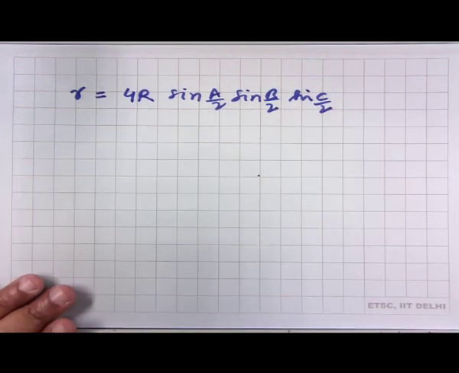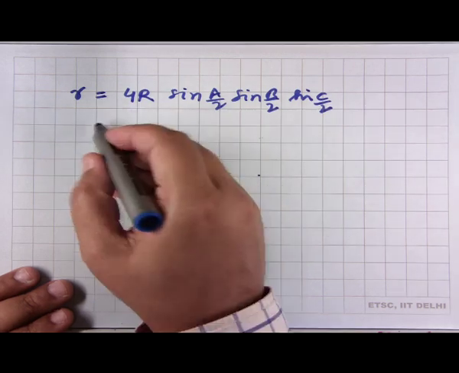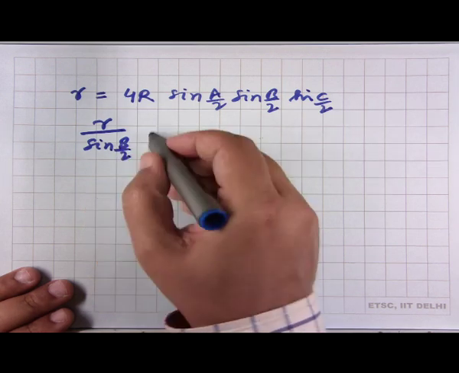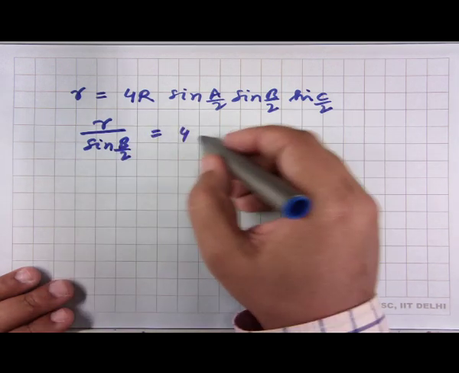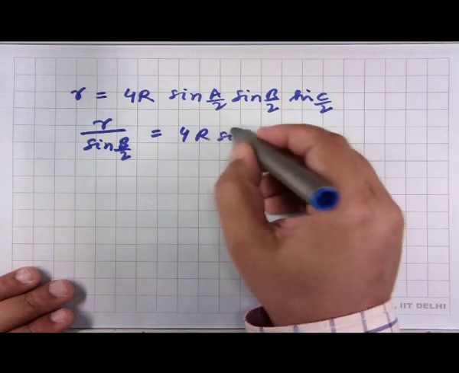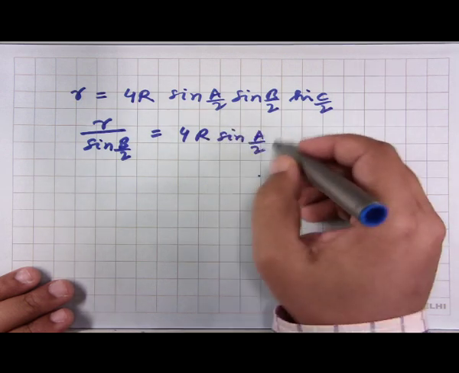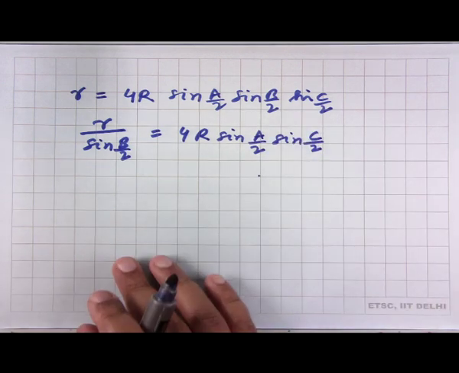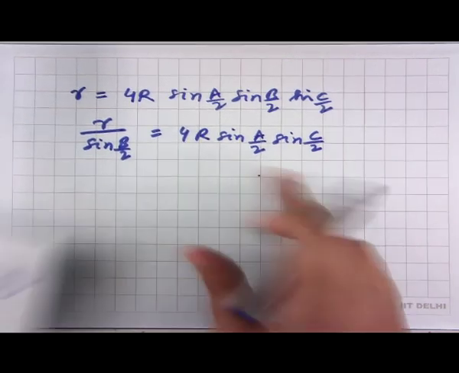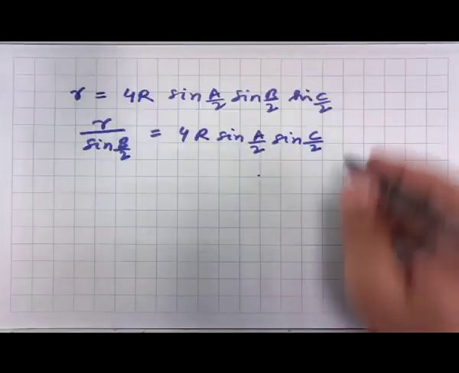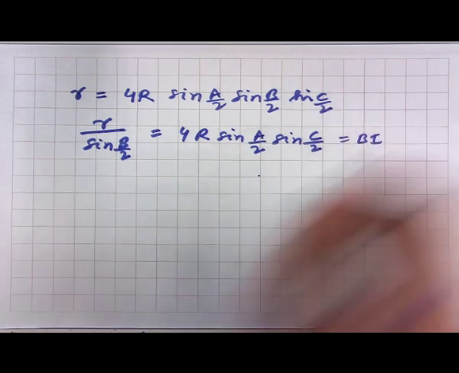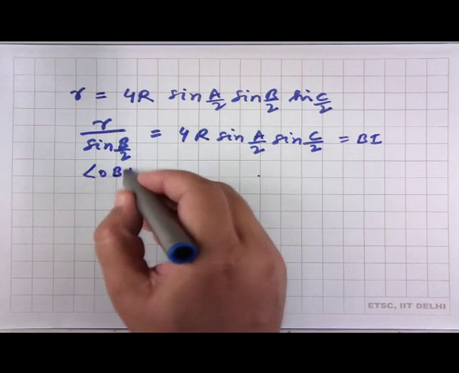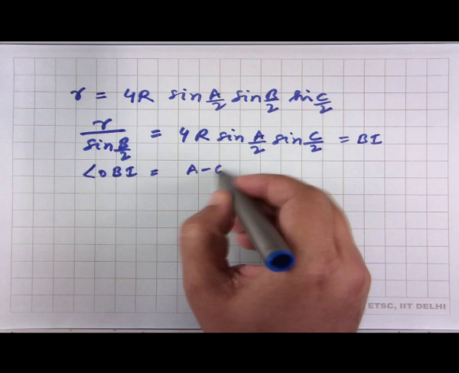So, this is already known to us, and therefore, r over sine of B by 2 is actually equal to 4R sine A by 2 into sine C by 2. And therefore, we will use this expression instead of BI. So, this is equal to BI, and we have already shown that angle OBI is equal to A minus C over 2.